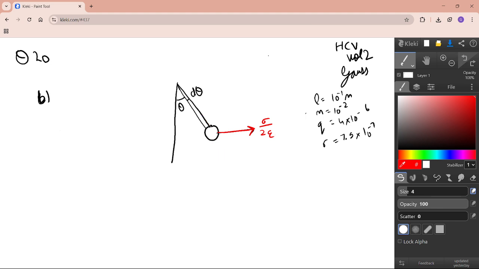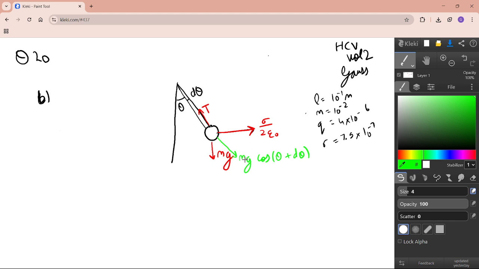So I'm going to resolve all these vectors. Yeah, I'm going to resolve them in green. So I'm resolving them along the string and tangential to the string. So it's T already. If it's theta, then it's mg cos(theta plus d theta). Do not forget this.